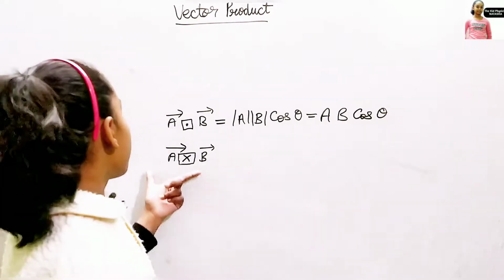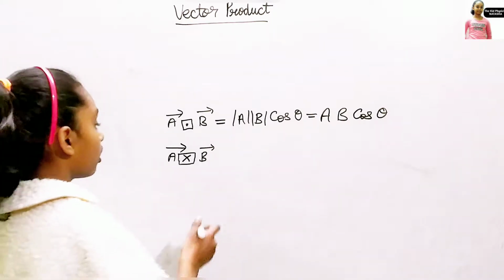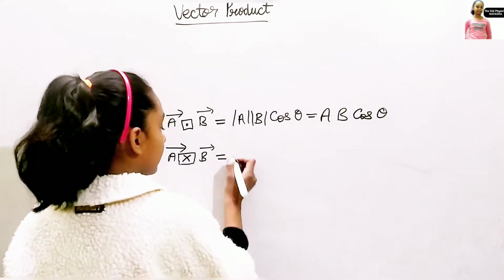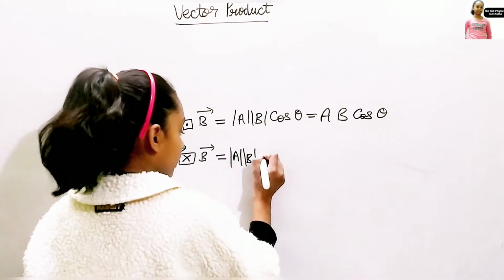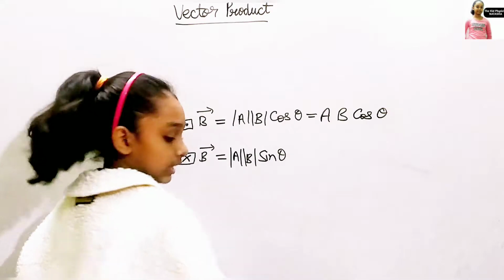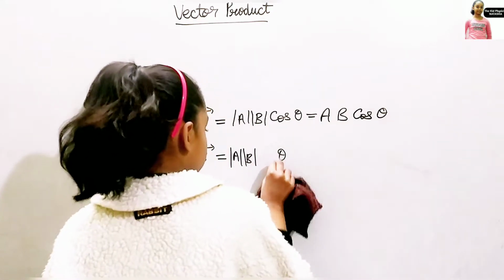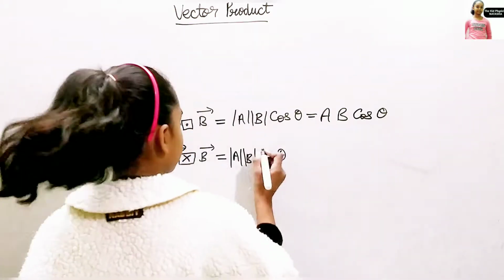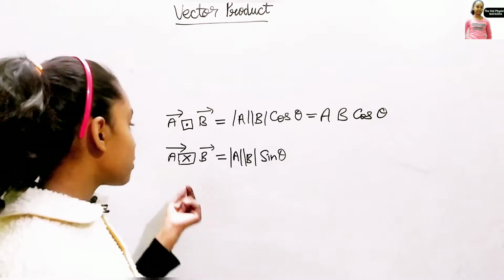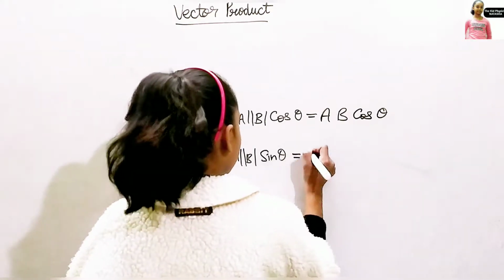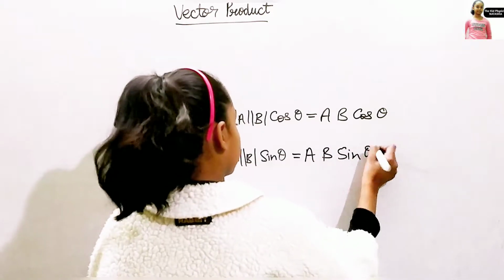But in vector product, when we do cross of these two vectors, we get this formula: mod A mod B sin theta. Always remember that when we do cross product of any two vectors, our formula will be mod A mod B sin theta.